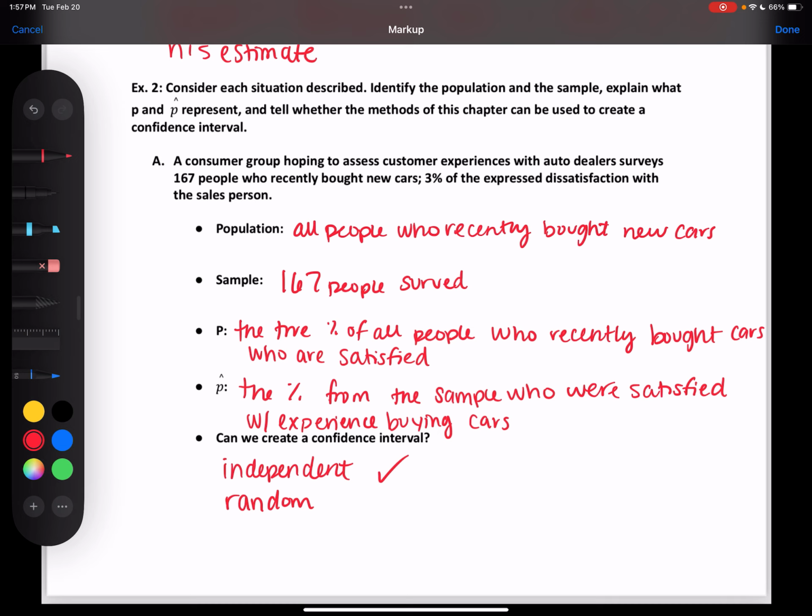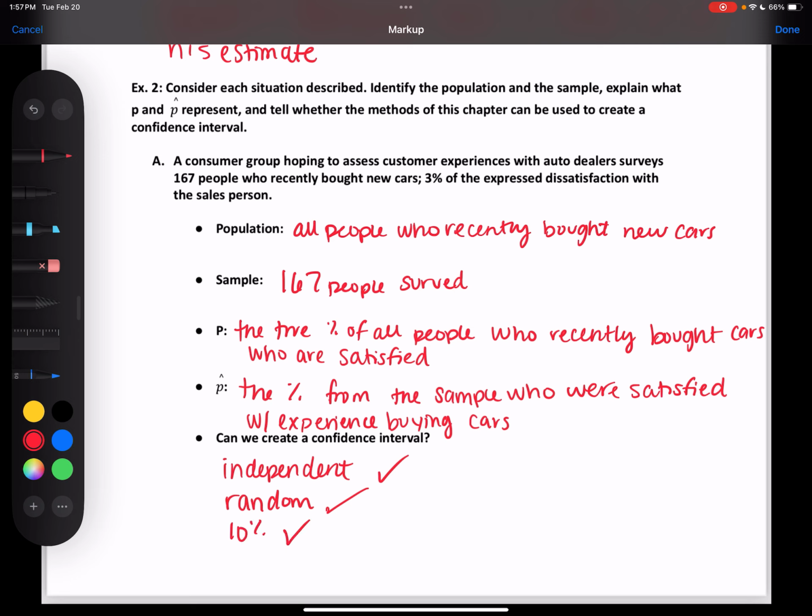It doesn't say it is, but we can make an assumption that it's a representative sample. 10% condition: is 167 people less than 10% of all people who recently bought a new car? Yep, or even just people in general.